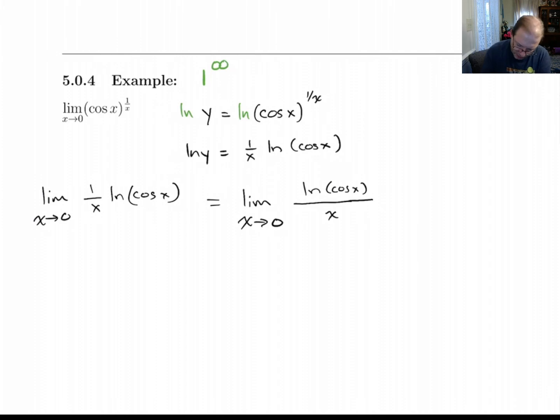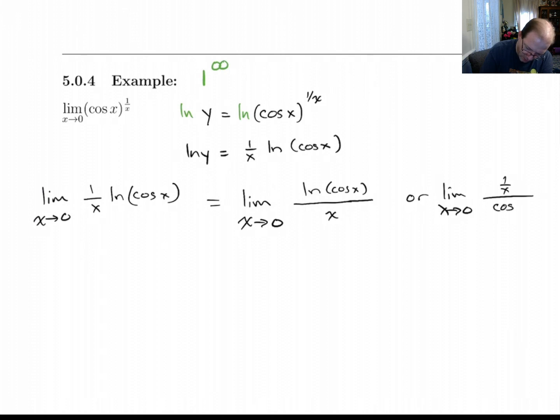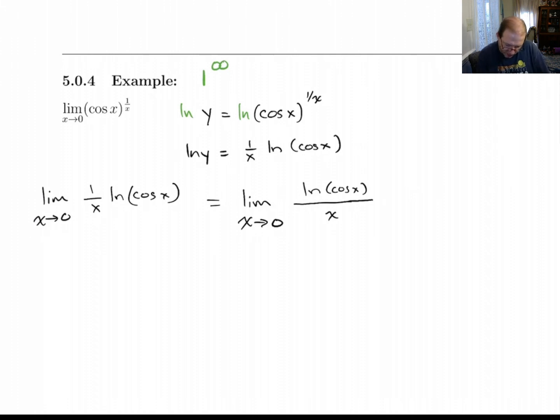Yeah, so this is a 0 over 0. We could also rewrite it as (1/x) over (1/ln cos x), but that's going to be more trouble than it's worth. Truth is, you can just rewrite it like this, and you've got a 0 over 0. So L'Hopital's rule is going to make quick work of this.